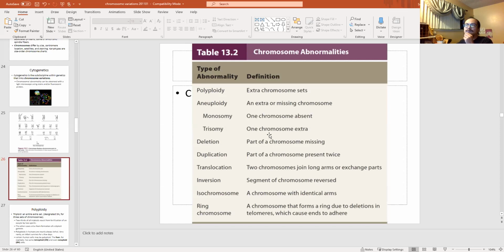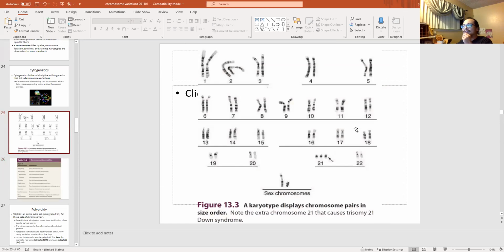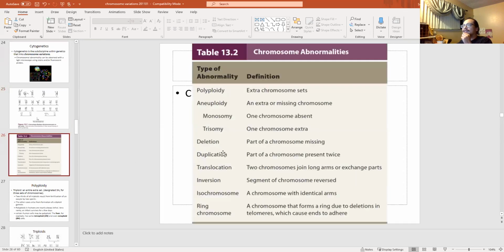With trisomy we have 47 chromosomes, or we may have 46 minus 1, which is 45 chromosomes. We may have a deletion or duplication. This is where the number of chromosomes is not changed, but one segment is either lost, duplicated, or translocated.